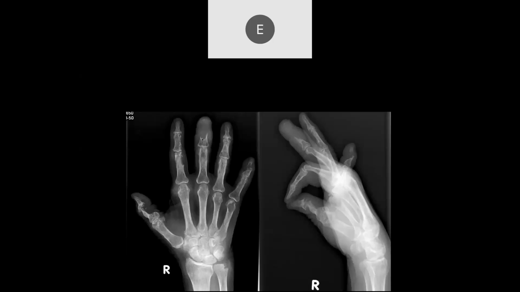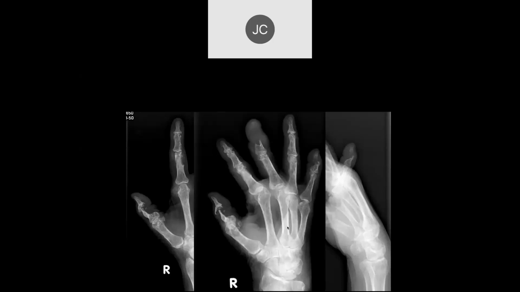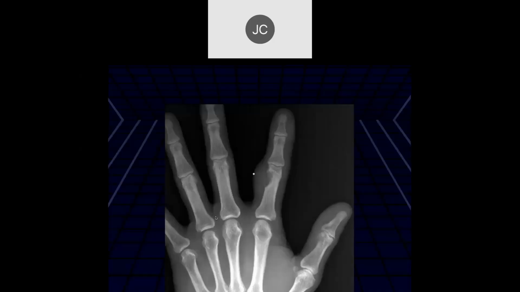Spiculated margins, very classic. Not something you would see in rheumatoid arthritis. Look at those sharp little points there. And this is severe gout.